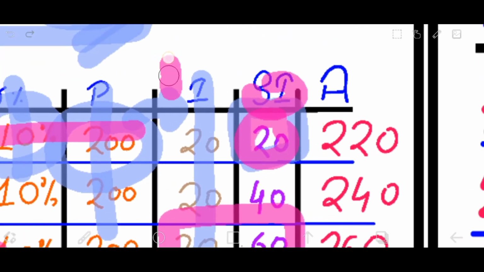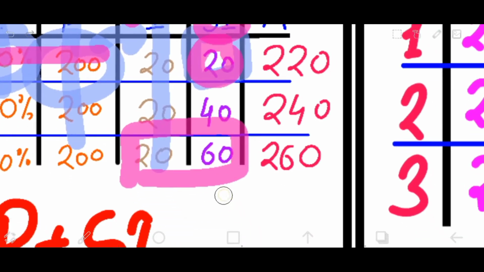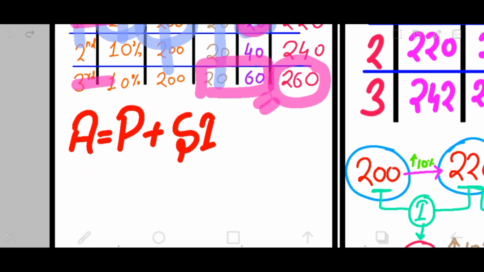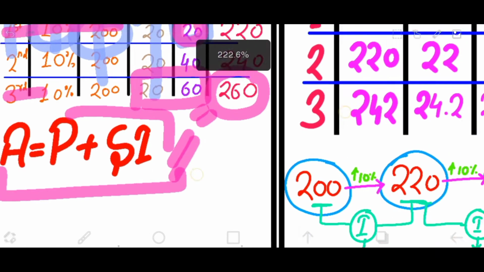Why I'm doing this, I'll explain in the tricks part. So I'm clear with this. Your final net payable amount becomes 260, right? And another base formula, which everyone must be knowing, is amount equals principal plus SI. That's it. Thank you.